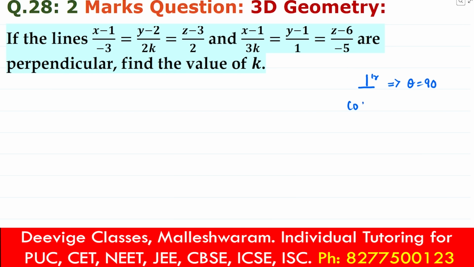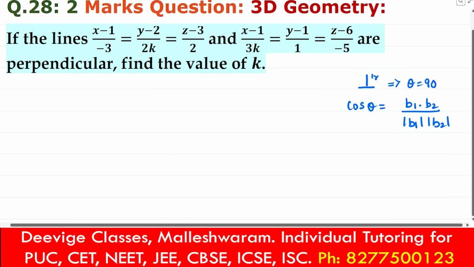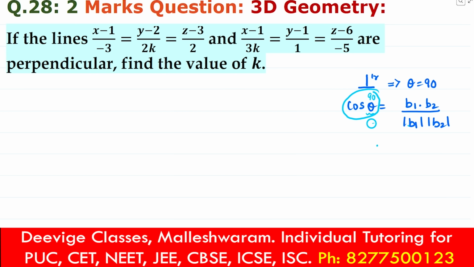We know the formula: cos theta is equal to b1 dot b2 divided by magnitude of b1 into magnitude of b2. If this theta is 90, then the value of cos 90 will be 0, and 0 into this will be 0.